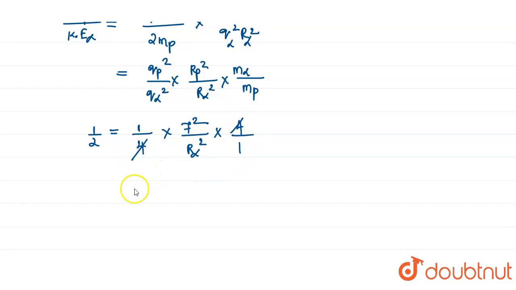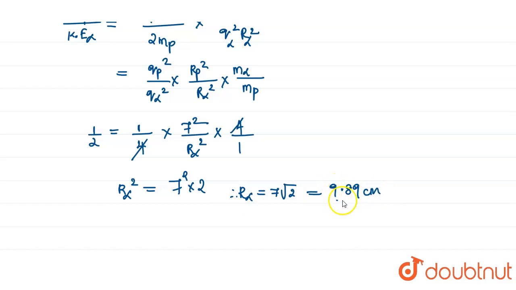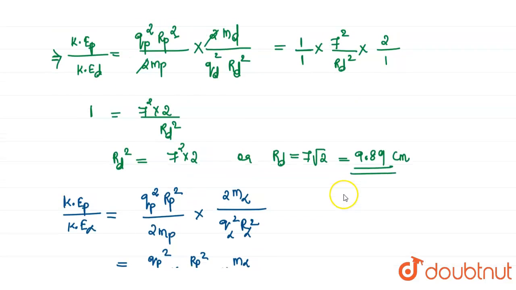So 4 gets cancelled, and radius of alpha square is equal to 7 square into 2. Therefore, radius of alpha is equal to 7 into root 2, which is equal to 9.89 centimeter. So this is the value of the radius of the path of the alpha particle. It is 9.89, and for deuteron, it is 9.89.